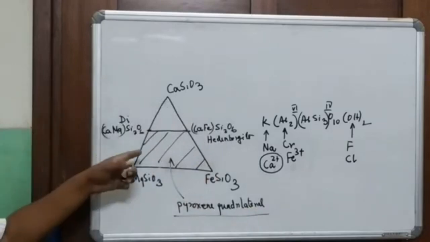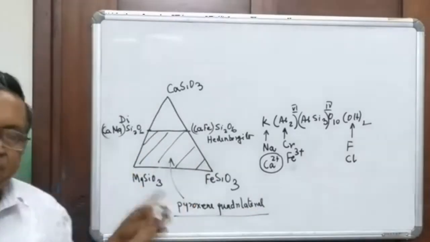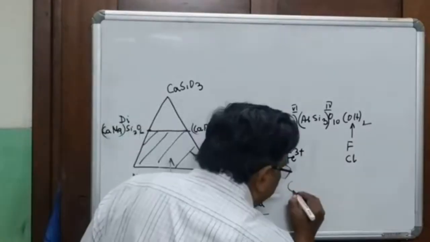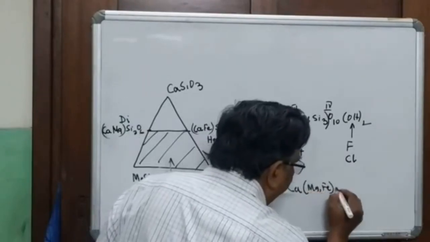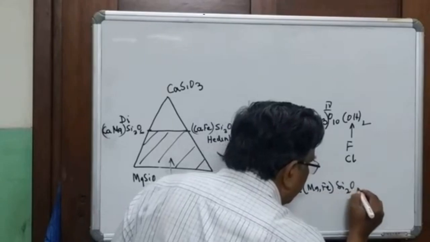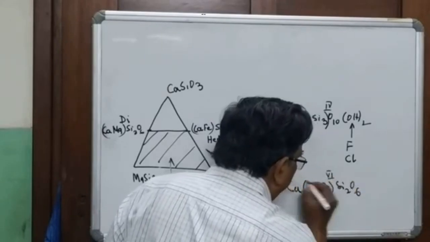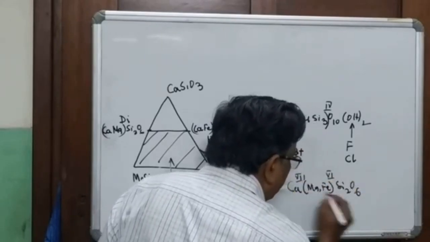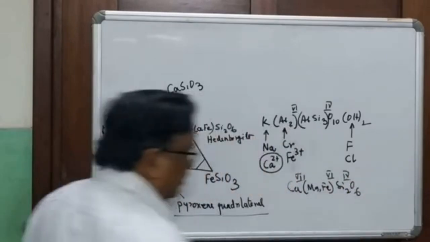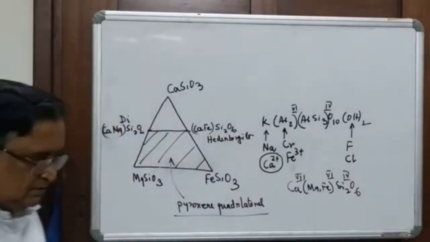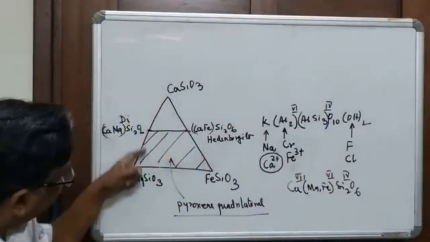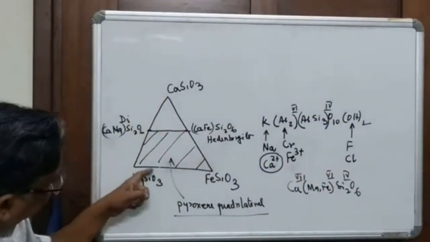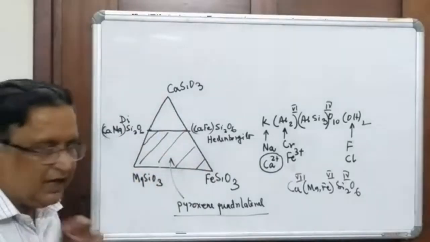But this is very idealized. It is written as CaMg, Fe, Si2O6, which is 6-fold, 8-fold, and this is 4-fold coordination. But this composition triangle that I have given you, I don't know whether you know the name of this mineral.